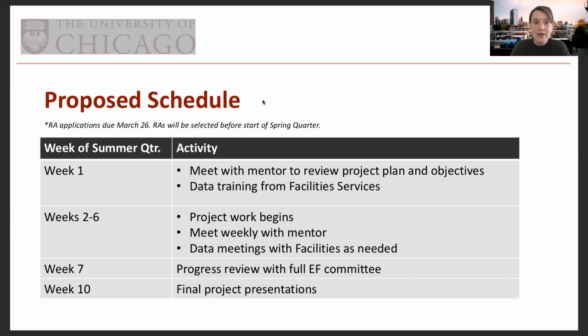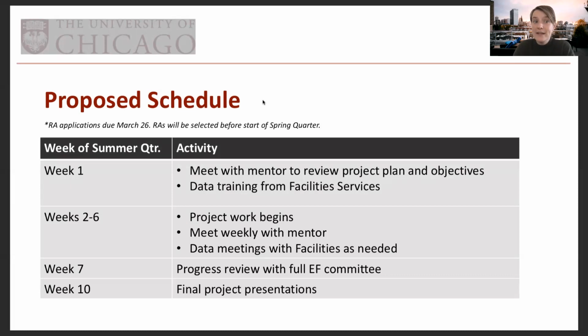But come summer, there'll be an initial onboarding period where you'll be meeting with Nilanjana to get that project plan really firmed up. And then you'll also receive data training directly from the facilities services team on their back end data management systems that cover all of campus utilities and energy data.